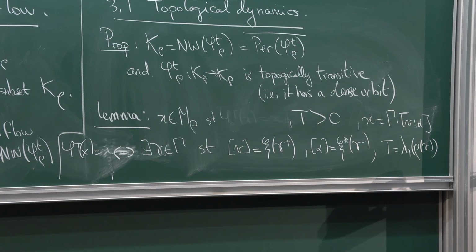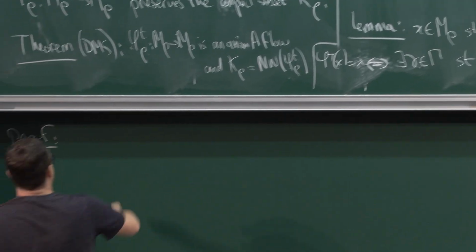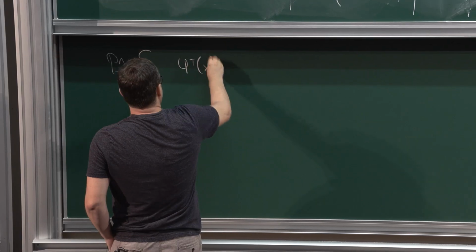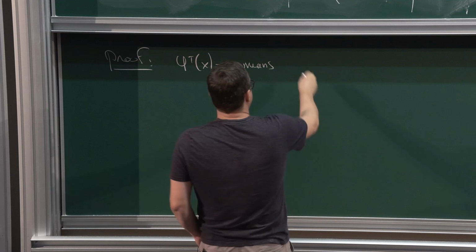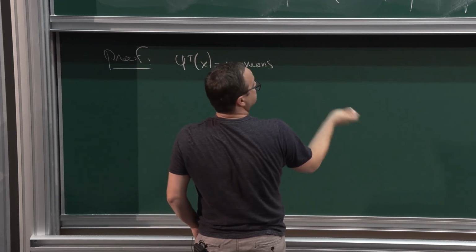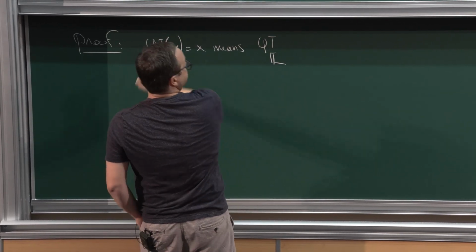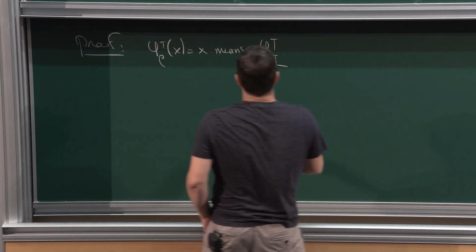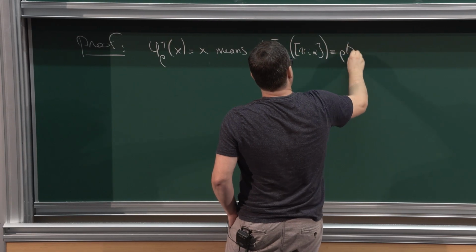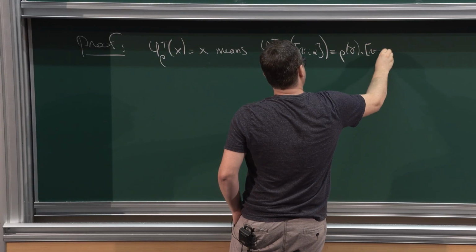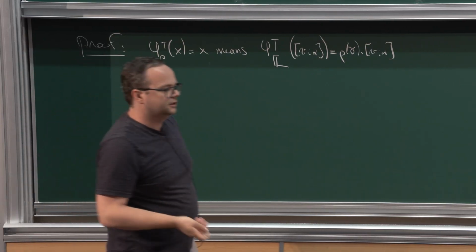Right. So just to understand the mechanism behind this, phi t of x equals x means that on the quotient, and when you lift to v alpha, it means that phi t rho on the lift of v alpha is rho of some gamma acting on v alpha.